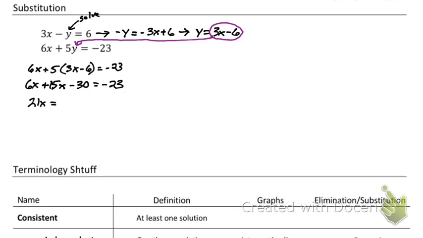And that's going to equal, well, we add 30 to both sides, so that's just going to equal a positive 7. And we're going to end up with x equals 7 over 21, which actually equals 1 over, which should have been 3.